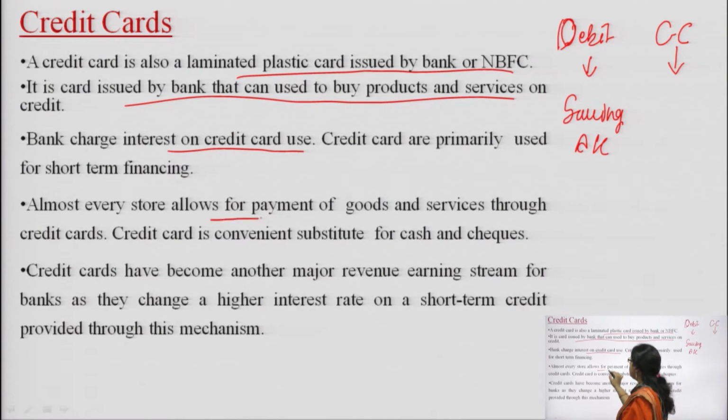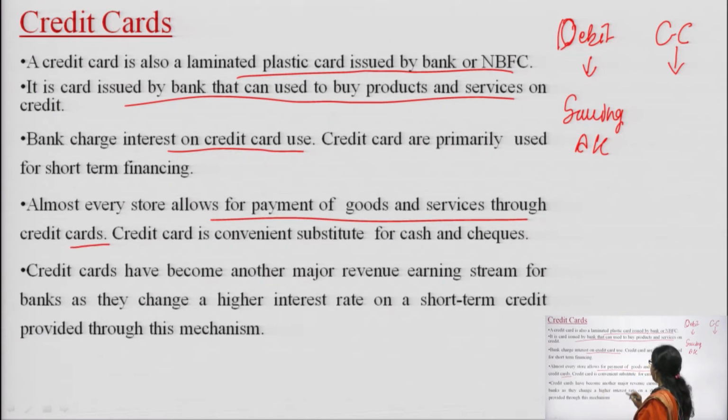Almost every store allows payment for goods and services through the credit card. A credit card is a convenient substitute for cash and check. See, now your wallet is very light, just because you are carrying a number of cards with you. You are carrying a debit card, you are carrying credit cards also. So whenever you are going anywhere and you are not carrying cash, you simply take your card and swipe it.